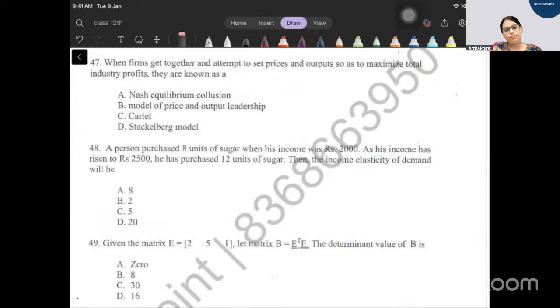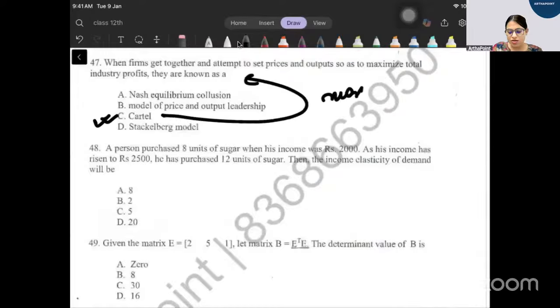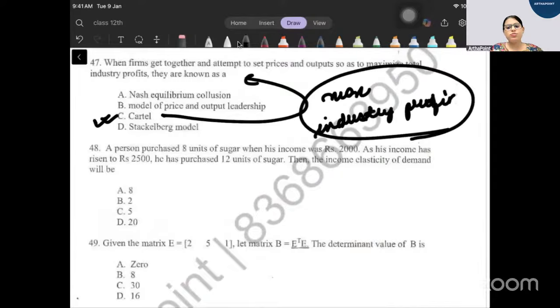Very simple. That's nothing but a cartel because you are aiming to maximize industry profit, not individual profit. Industry profit is maximum in a cartel. Okay. Question number 48.